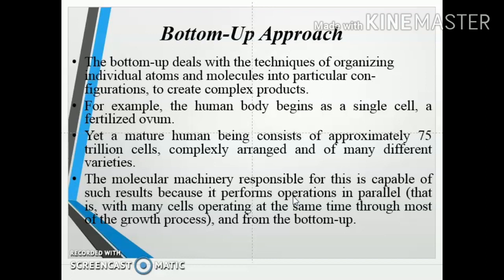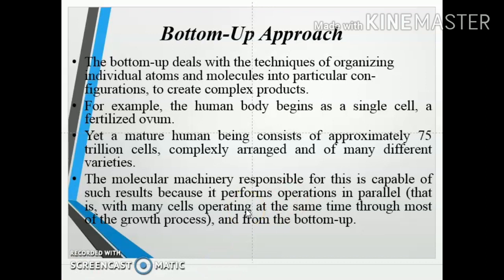The human body begins as a single cell, a fertilized ovum, and very complex cells and structures are formed in the human body. Yet a mature human being consists of approximately 75 trillion cells, and they are complexly arranged and of many different varieties.